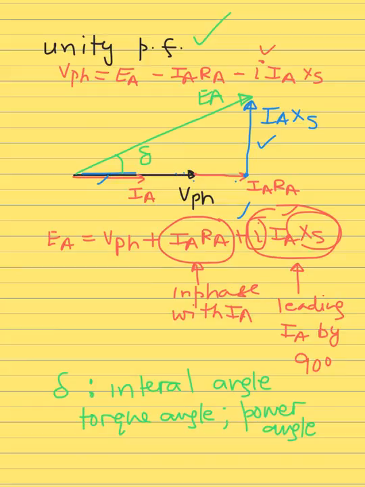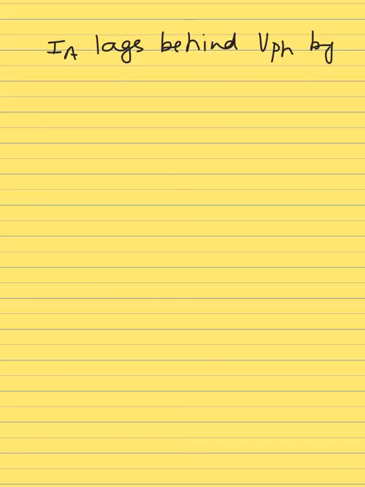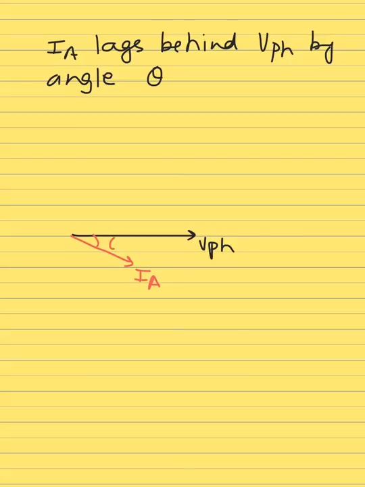Now let's see what happens in case of a lagging power factor. So for lagging power factor, I_A lags behind V phase by an angle, let's say theta. So we're going to start again from V phase. That's the base phasor, V phase, and here will be I_A lagging behind V phase by an angle of theta.